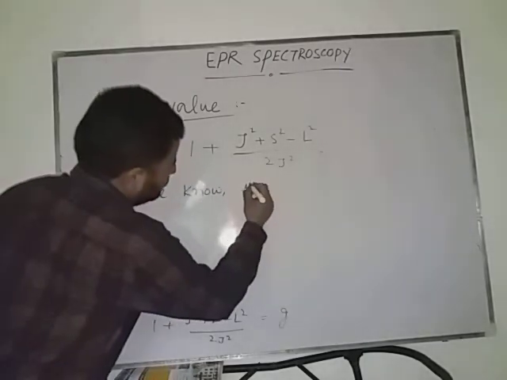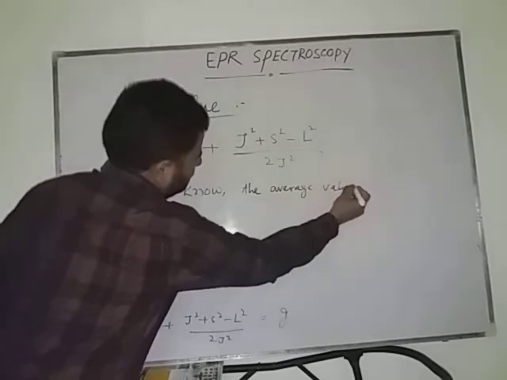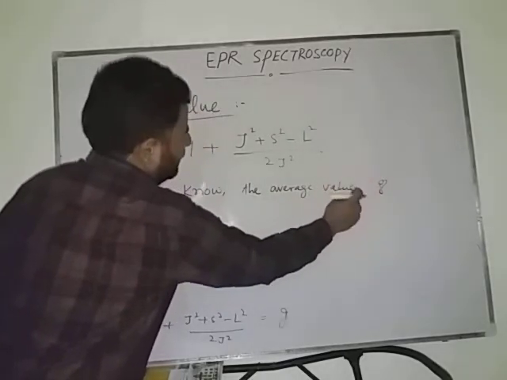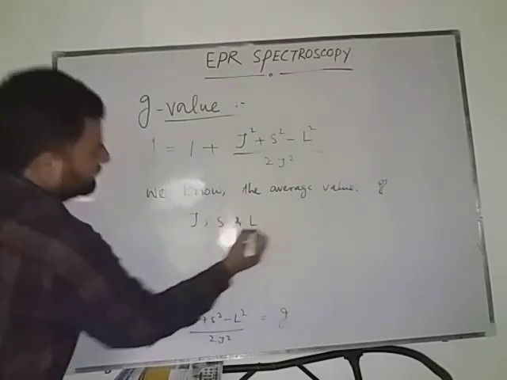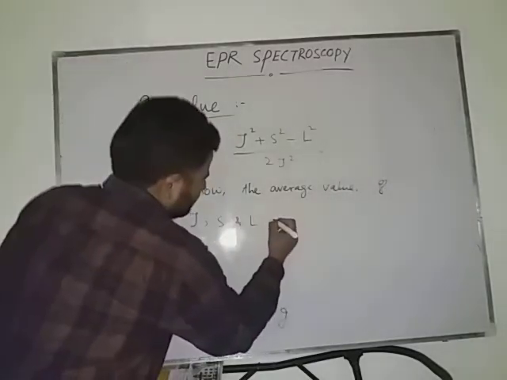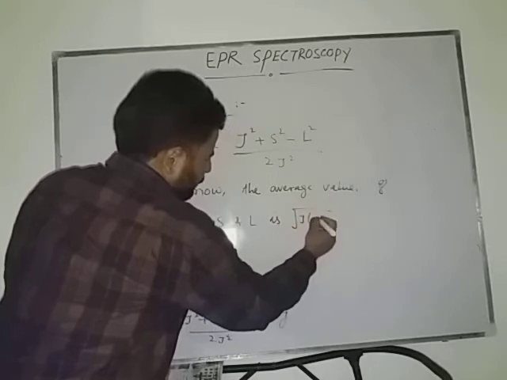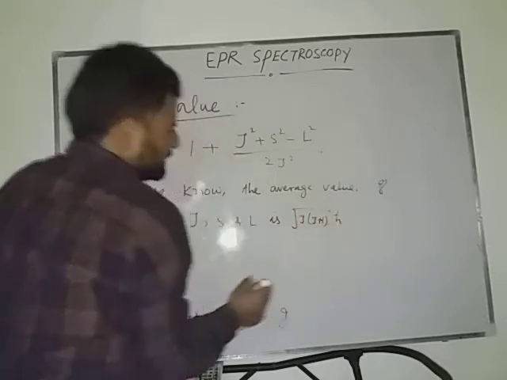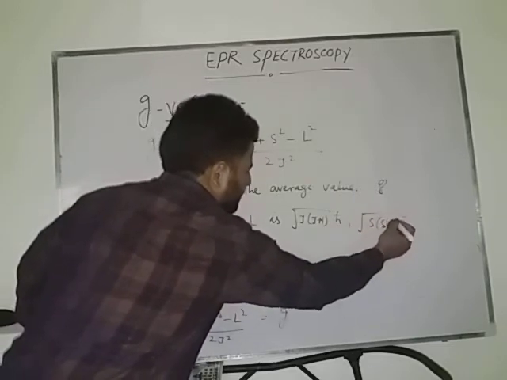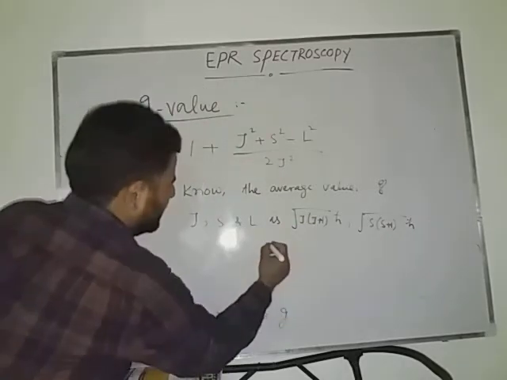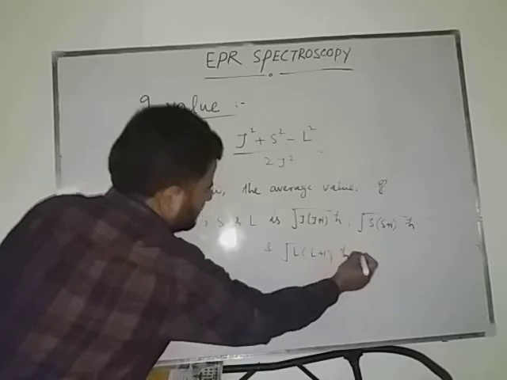But we know that the average values of J, S and L are under root of J into J plus 1 h cross, under root of S into S plus 1 h cross, and under root of L into L plus 1 h cross respectively.